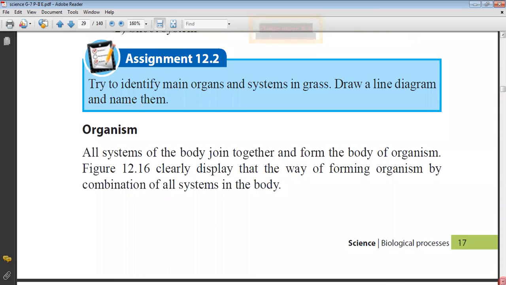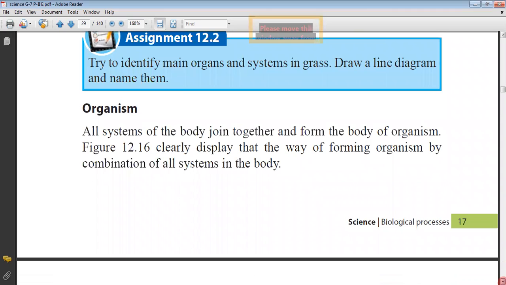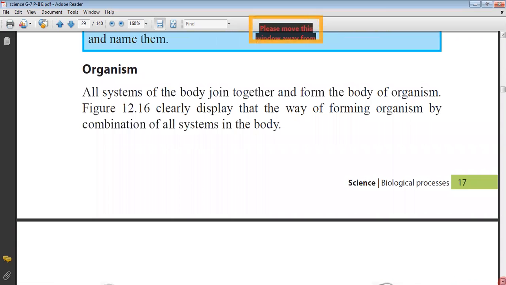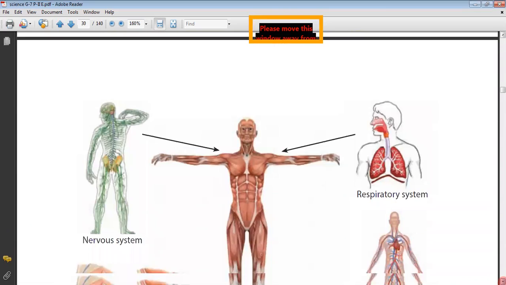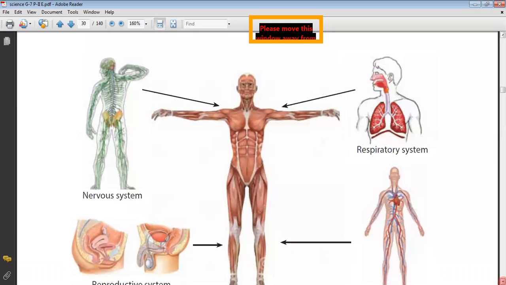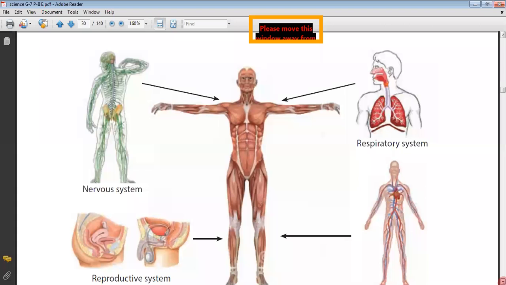Organisms. All systems of the body join together and form the body of an organism. Figure 12.16 clearly displays the way of forming an organism by combination of all the systems in the body. Here I spoke of many systems in the human earlier, and this is a representation of it.